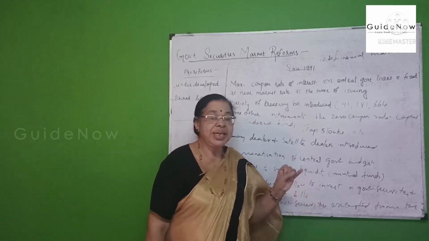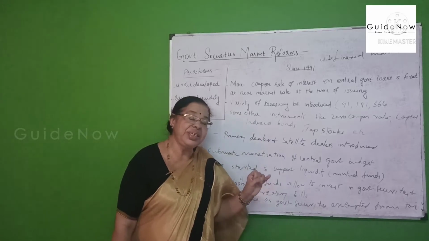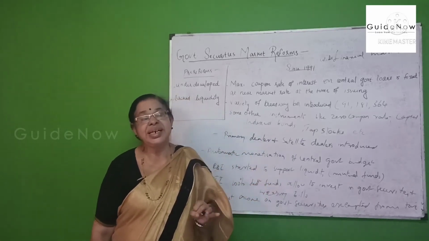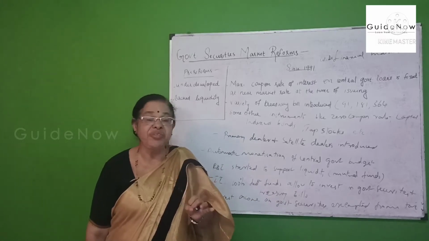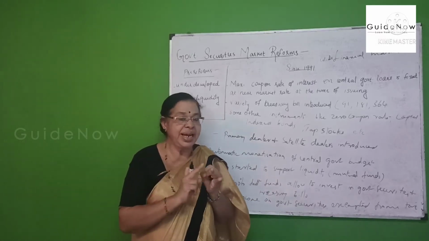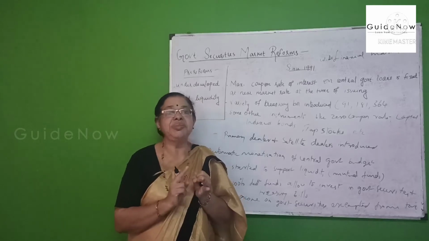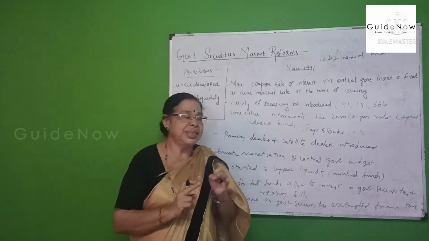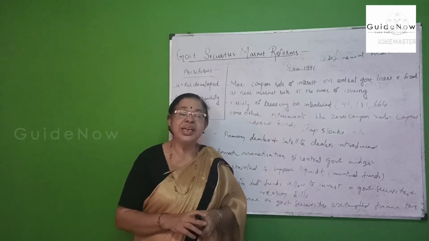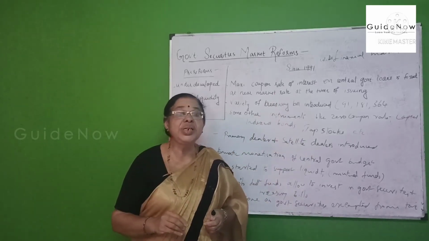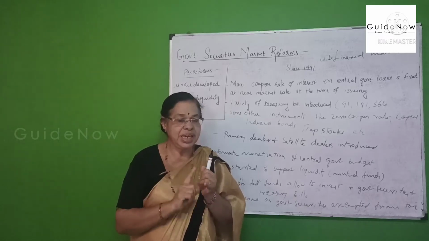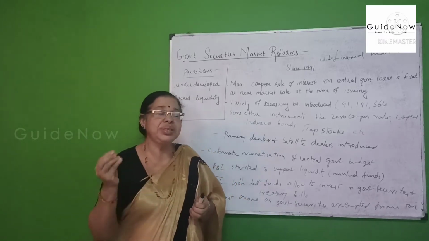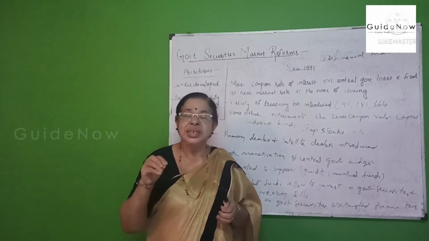At the same time, they are highly liquid in character, and third, they are highly safe. These are the important characteristics of the securities: safety, liquidity, and issuance by both central and state government.